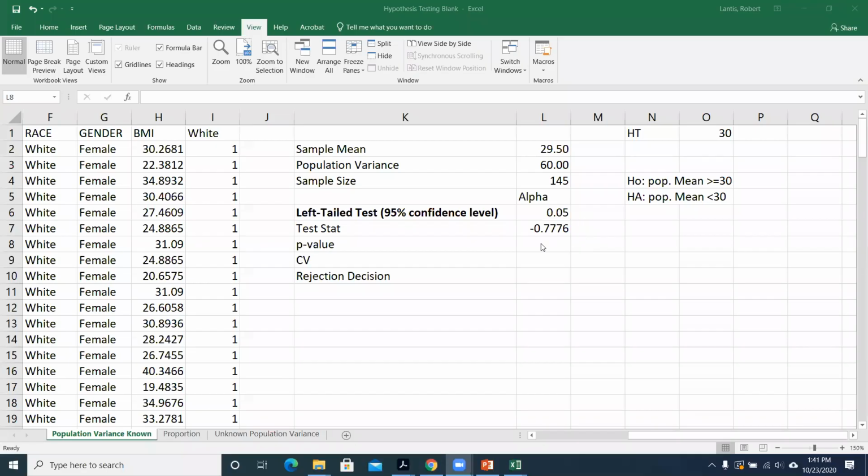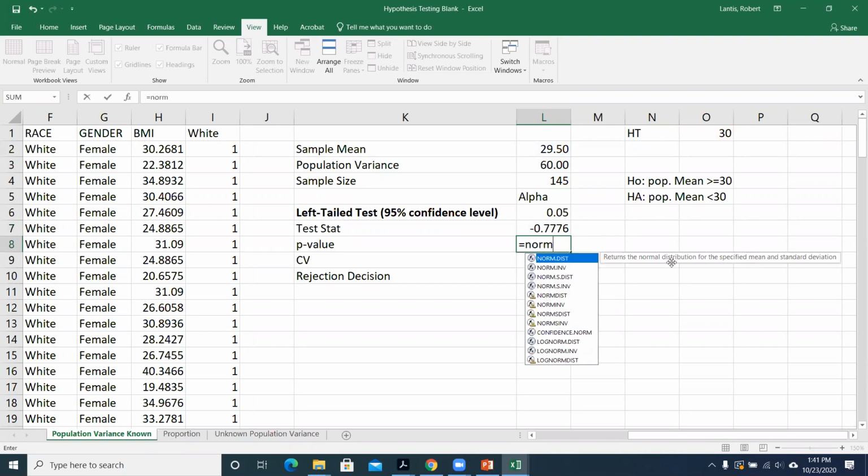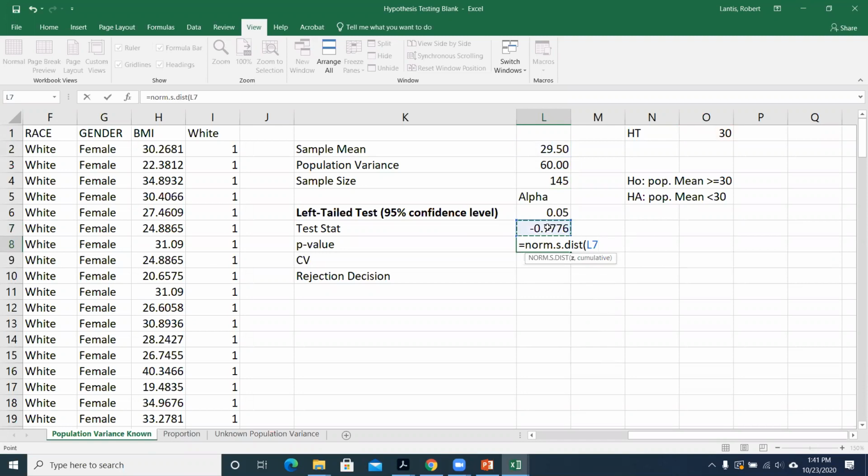If I have my test statistic, how can I find the area to the left of that in Excel? I just use norm.s.dist. I've got the z value, my z statistic, comma 1 tells me the area to the left. For a left-tailed test, that's all I wanted. I'm done. So I get a p-value of about 0.21.